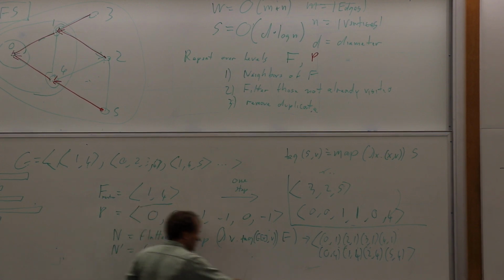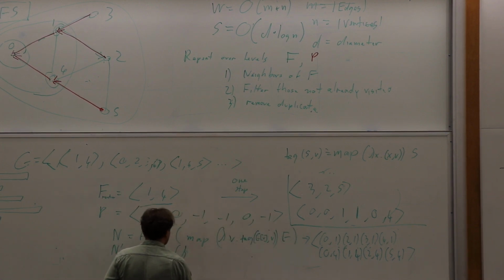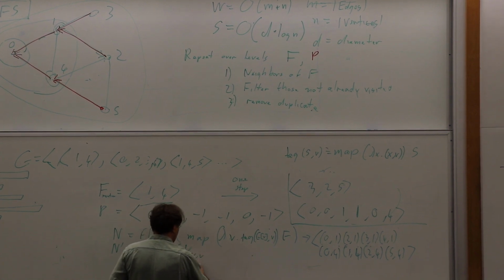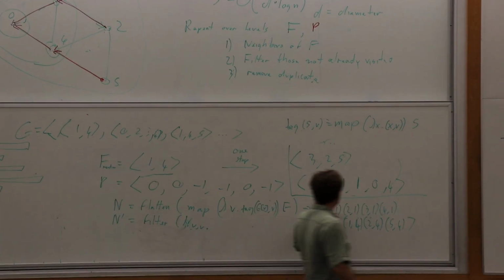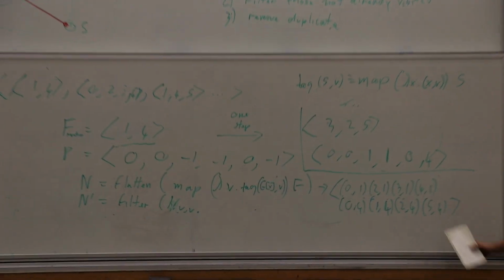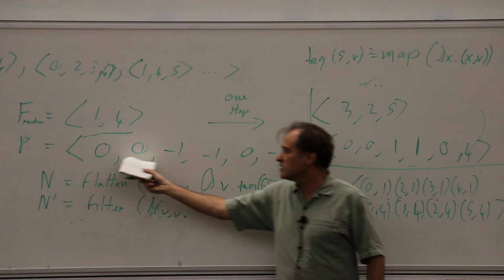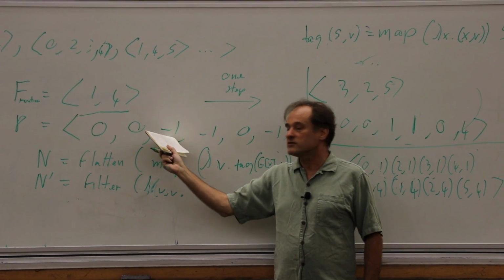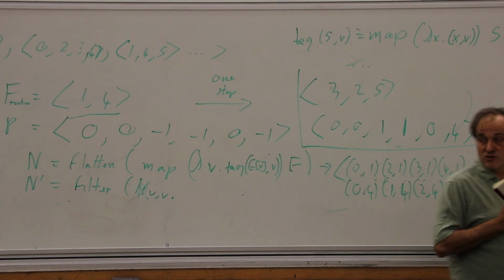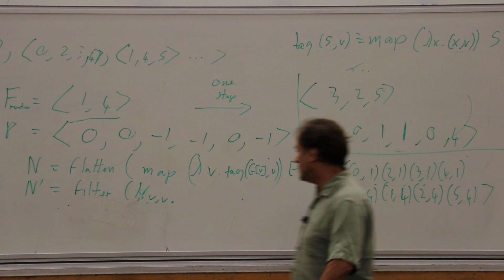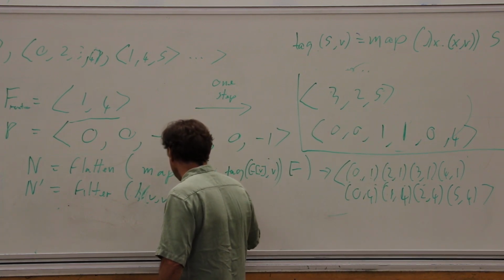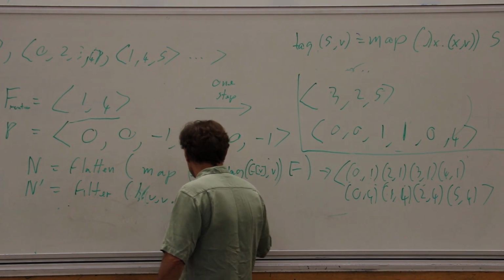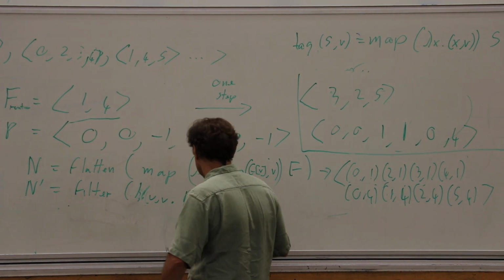Now remember these are pairs, so it's lambda u comma v. And what I want to do is see if this u is already visited. And the way I do that is I have this p, I just look up here, and it's visited if it's a -1. So this is going to be if p of u is greater or equal to 0.